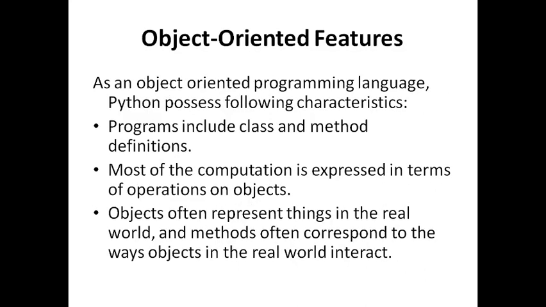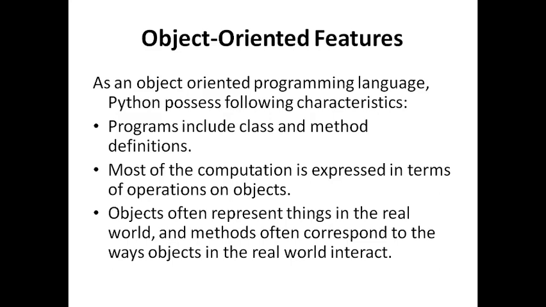Before that we will see some object oriented features. As an object oriented programming language, Python possesses some characteristics. Programs include class and method definitions. Obviously it should include class and method definitions. Most of the computation is expressed in terms of operations on objects.